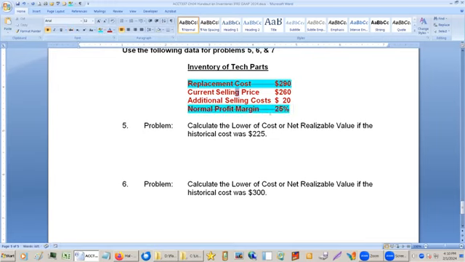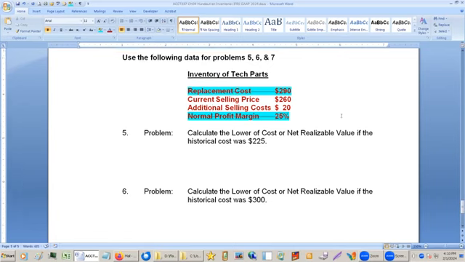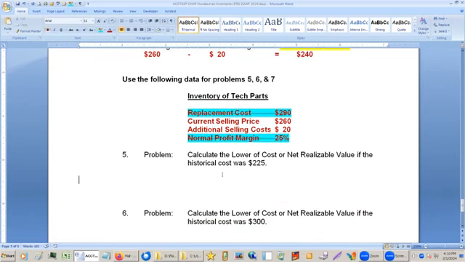So those are not necessary. So all we need is the current selling price and additional selling cost. Okay, so the net realizable value and historic cost, we want to take the lower of. Net realizable value is 240.